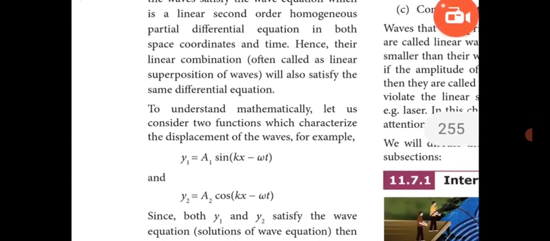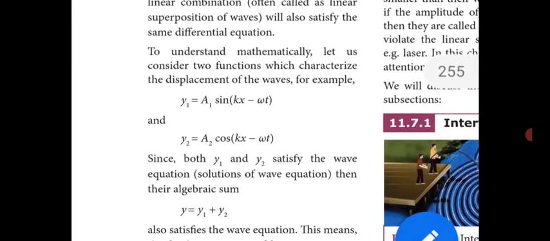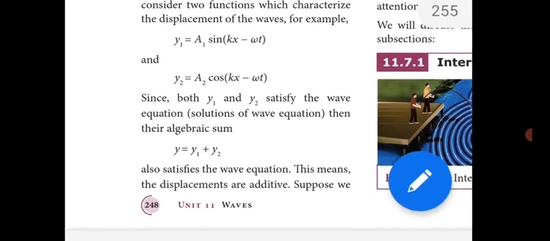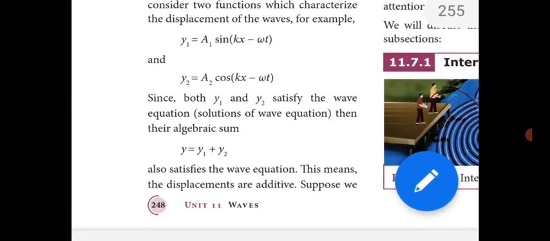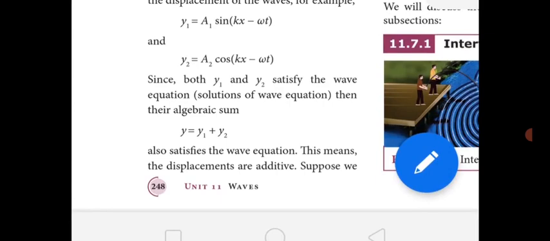To understand this mathematically, let us consider two functions which characterize the displacement of the waves, for example y1 = a1 sin(kx - ωt) and y2 = a2 cos(kx - ωt). Both y1 and y2 satisfy the wave equation. Then the algebraic sum is y = y1 + y2.